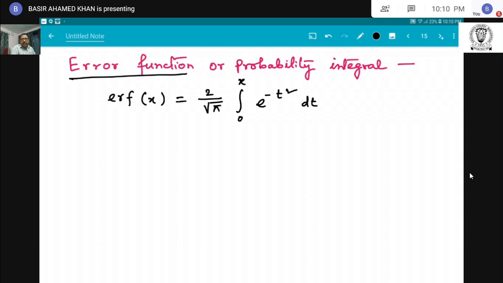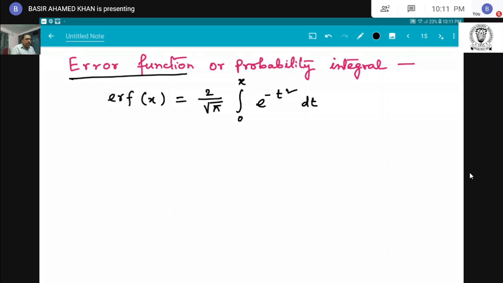This is the definition of error function. This integral arises in the solution of certain partial differential equations of applied mathematics and occupies an important position in probability theory. That's why it is also called probability integral.